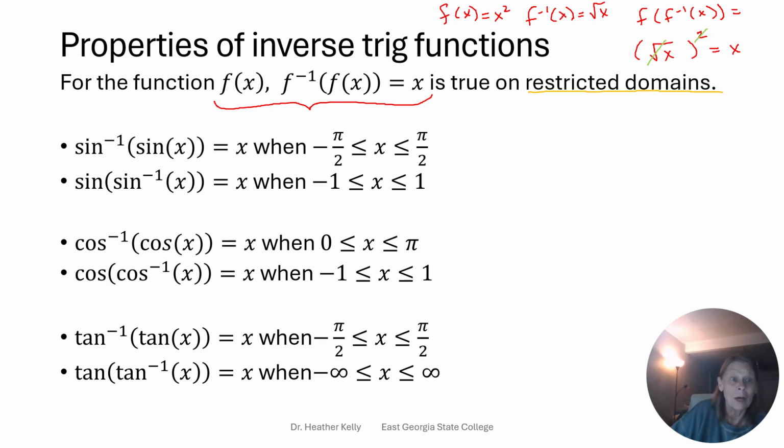It's always about the inside function here, and the inside function here is plain old sine, and plain old sine is only defined in quadrants 1 and 4 when we're dealing with our inverse functions.